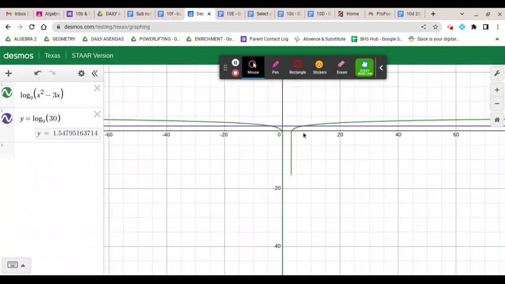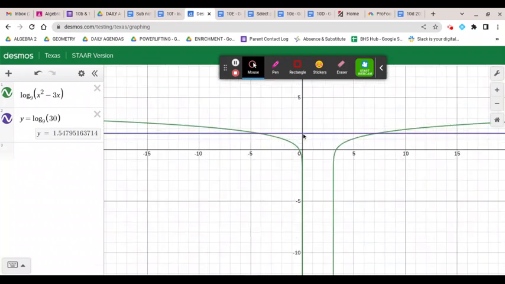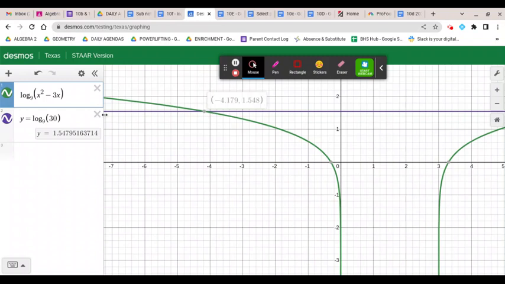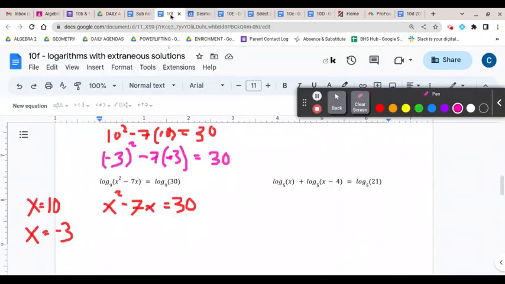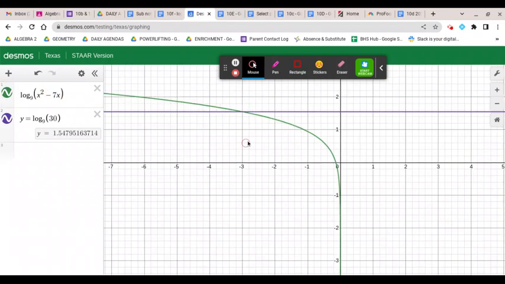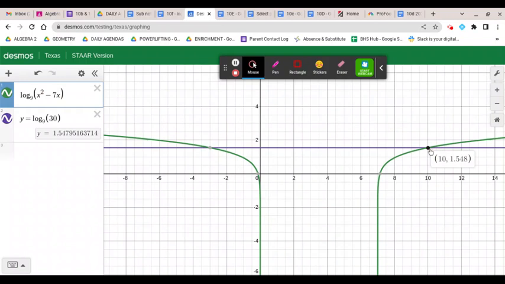Like that. All right. So we see we have our logarithmic thing right here. Did I not type that in right? X squared minus 7x. Whoops. X squared minus 7x. All right. So we plug that in there. We get one x value where they meet at -3. Other x value where they meet at 10.